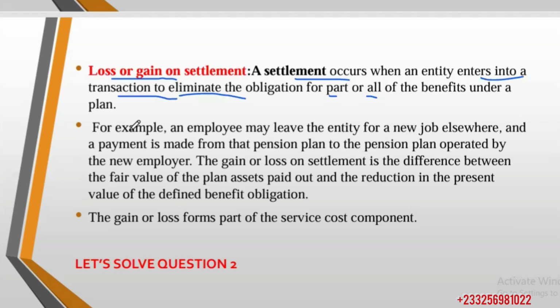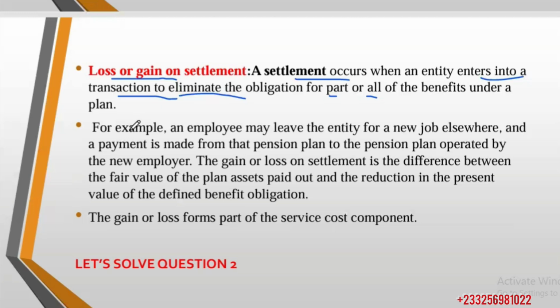You transfer their asset into the pension plan of a new employer. In that case, you are settling them. You are eliminating the obligation. So once you transfer all the assets you've accumulated for them to the pension plan of the new employer, you've eliminated all the obligations. So there's nothing with you again, right?